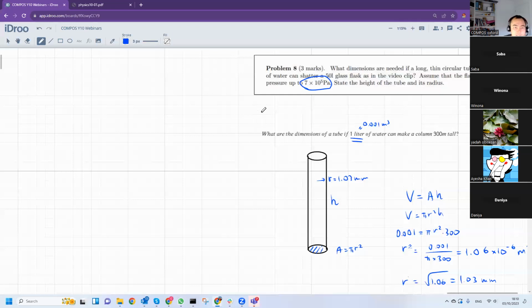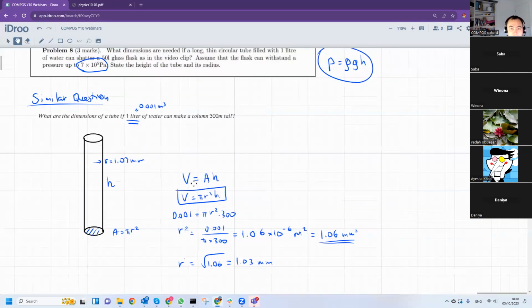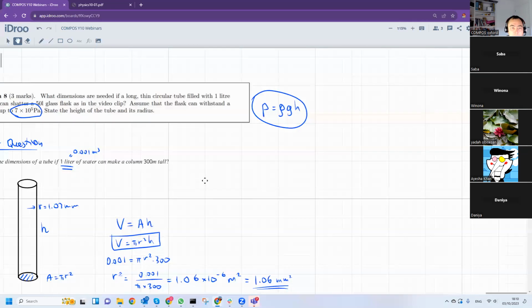Okay. This is a similar question. So you have the volume, and you're searching for r. Which formula are you talking about? Oh, this formula.